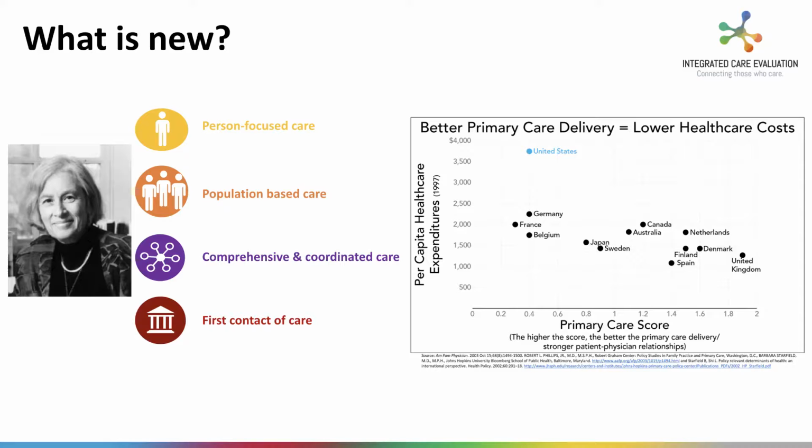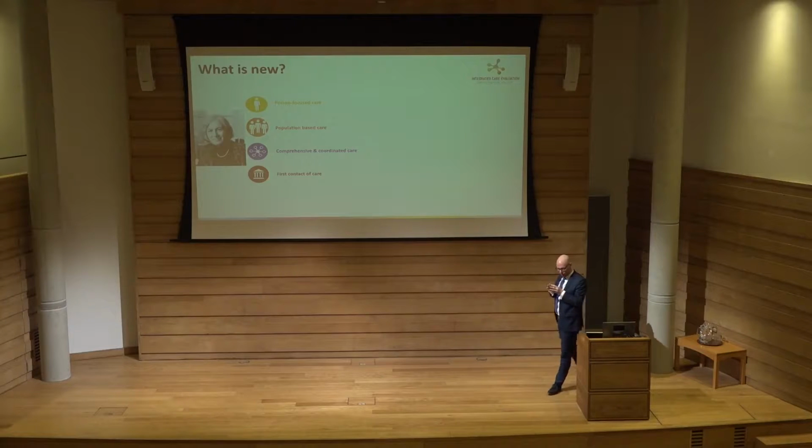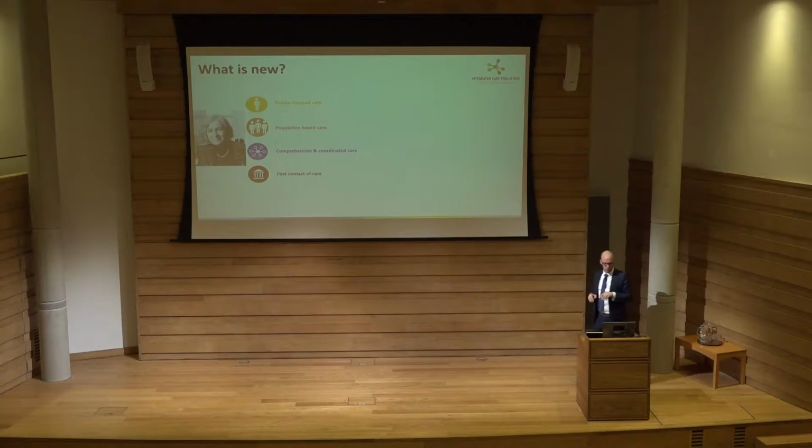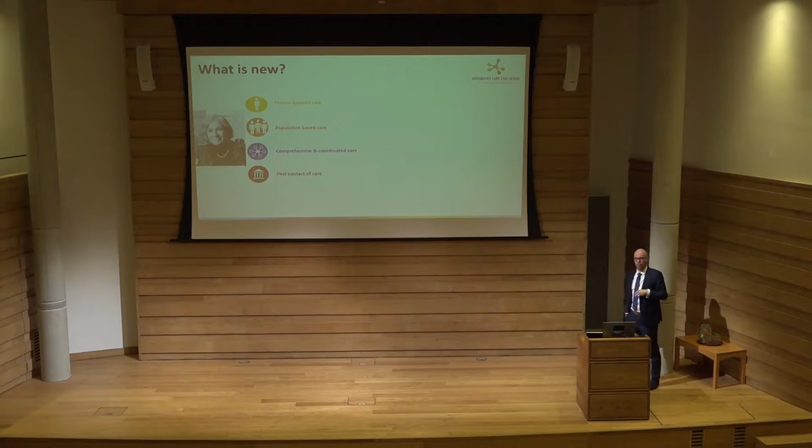First of all, person-focused care: looking at someone with a complex need or with a disease, also in a social context. That's what's called person-focused care. On the other hand, she also stated in her definition that it's not only about the individual person-focused approach, but also the population-based approach. You're also accountable in a way as a provider for the community or population you serve, so it's moving further than only your practice population.